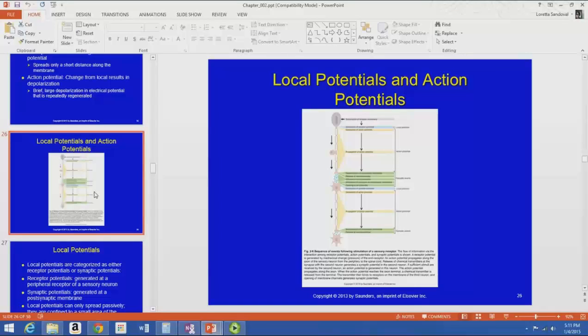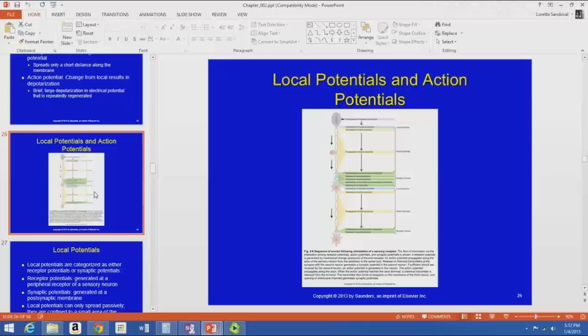If you follow it from the top, that is your receptor potential. The stimulus opens those modality-gated channels, it's deformation of the receptor membrane. So that's a Merkel disc or something at the end of a sensory neuron that's going to react to pressure. You apply pressure and it deforms the membrane, it opens those modality-gated channels, and it generates that receptor potential.